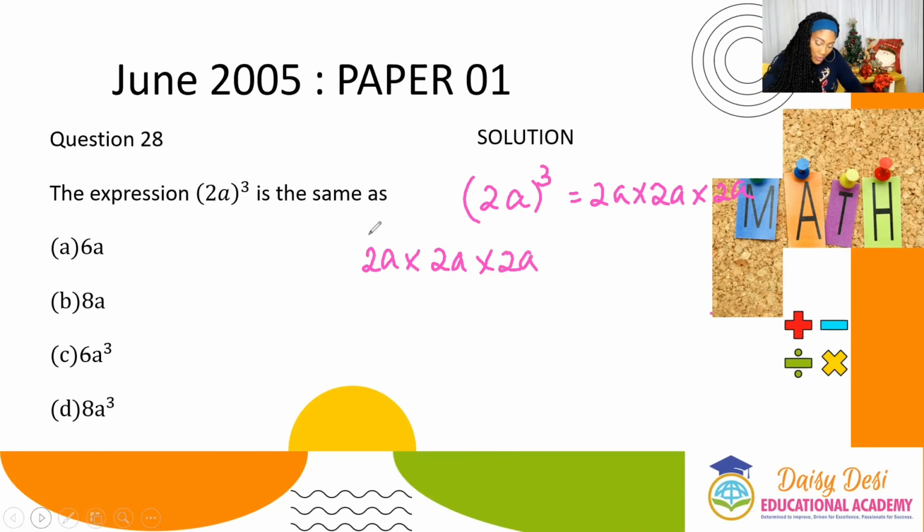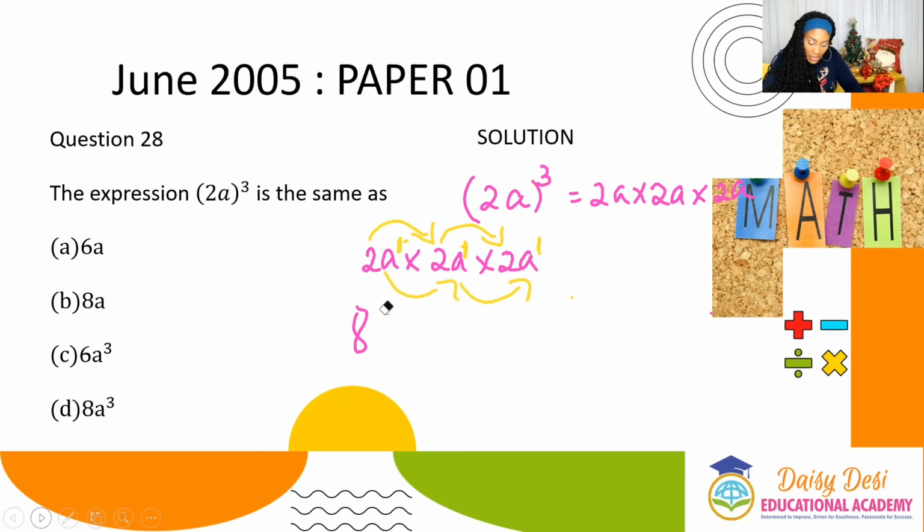We're going to multiply the coefficients, with 2 multiplied by 2 is 4. 4 multiplied by 2 is 8. And then we are going to look at the a's, which means they are of the same base. They are all a's, so therefore they are of the same base. Index is 1. Therefore, we are adding because we are multiplying. So we are adding 1 plus 1 plus 1, which becomes 3. A to the power of 3.